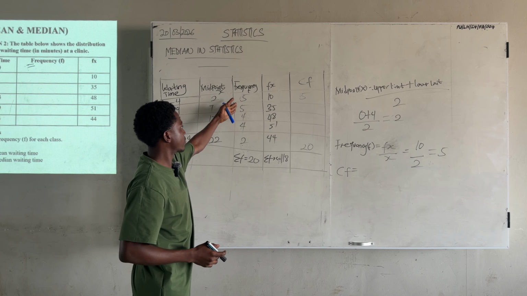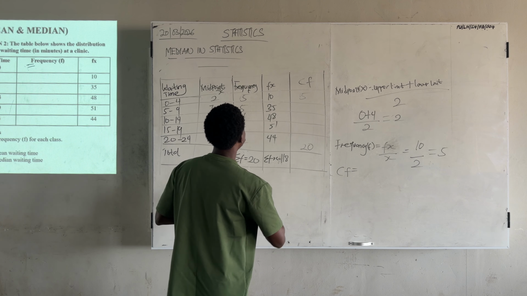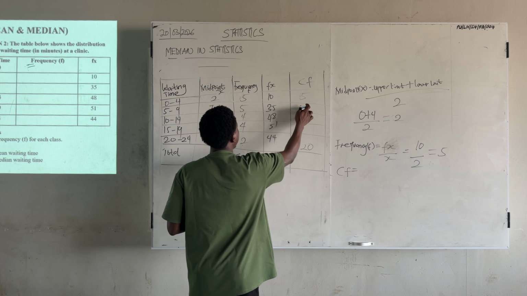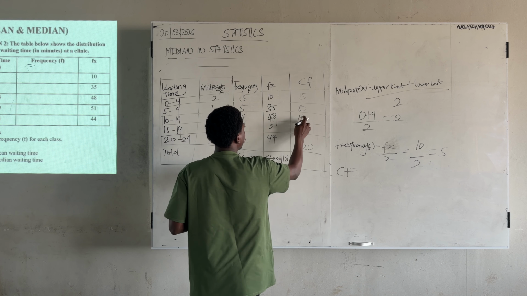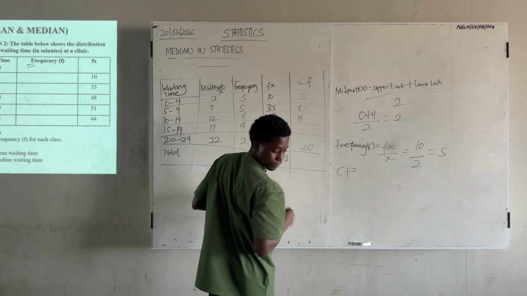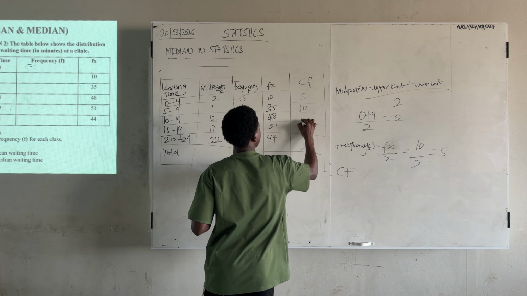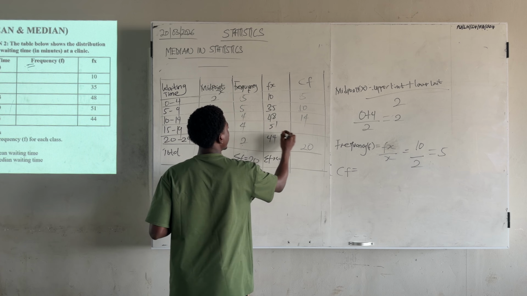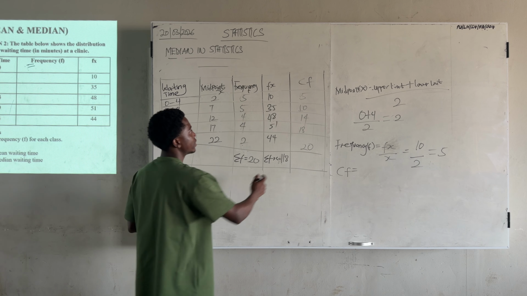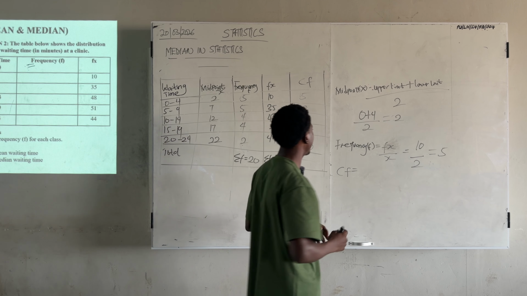So we add diagonally: 5 plus 5 is equal to 10, plus 4 is equal to 14, plus 4 is equal to 18, and 18 plus 2 is equal to 20. We don't have a total for cf, so you just put a dash there.